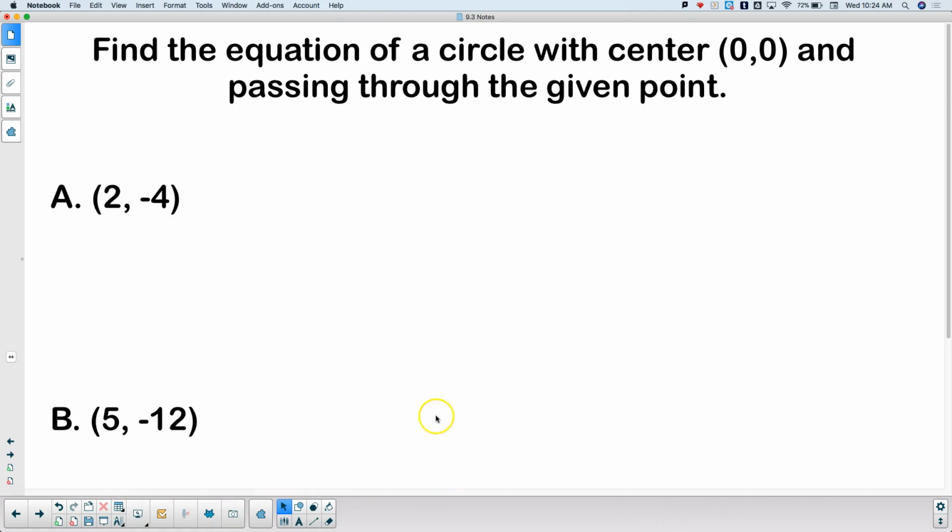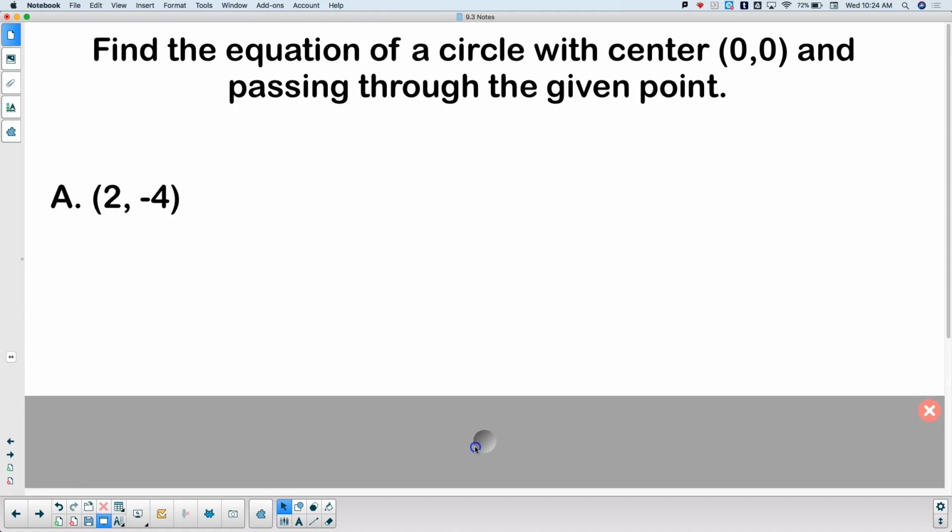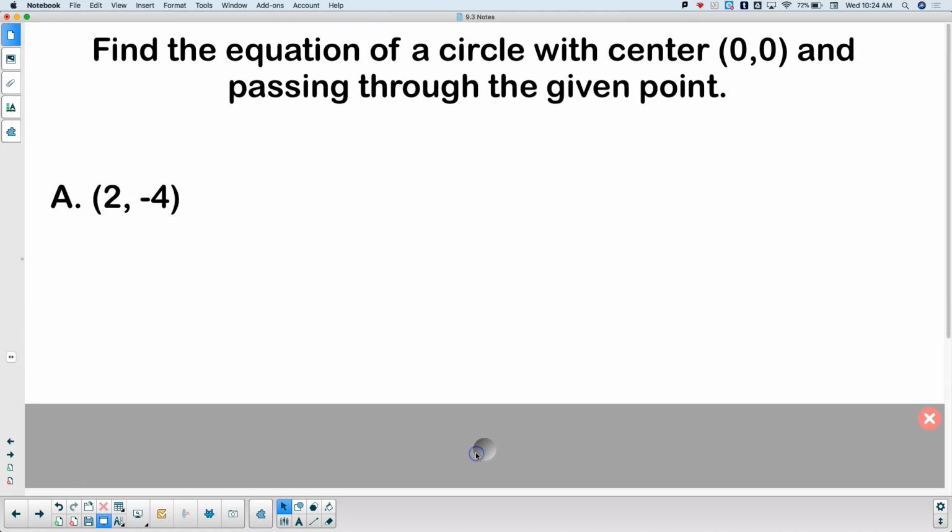Okay, so this one now is centered at the origin, and it's going to pass through. Let me throw a little shade on there so we don't get confused with that other point. Right there.